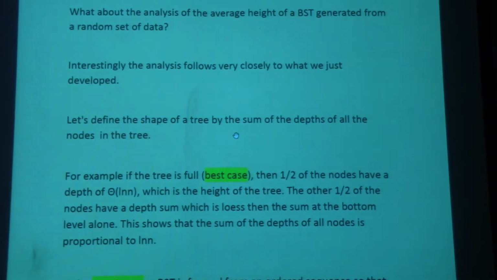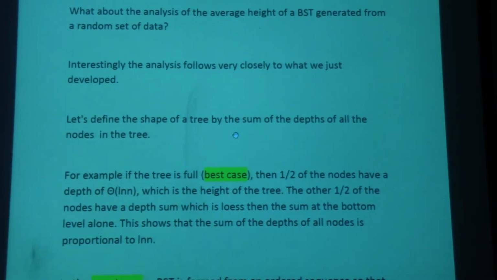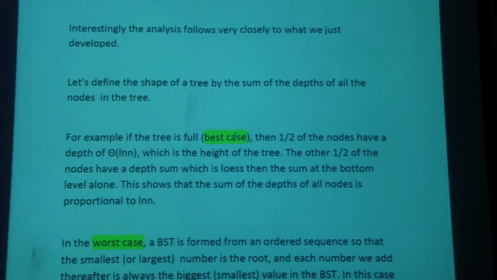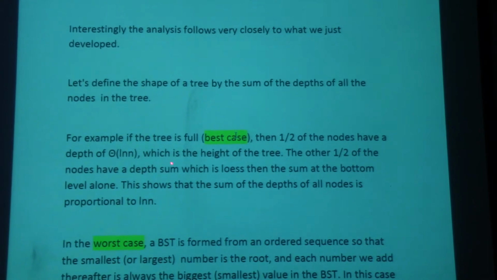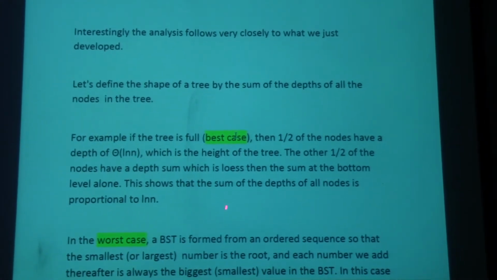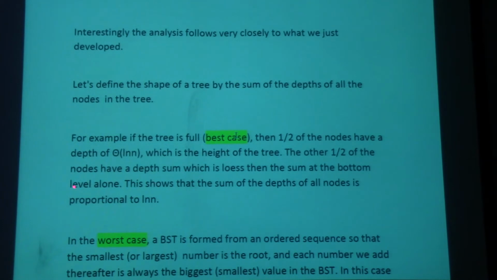That paragraph, proportional to log n, I thought it should be n log n. Oh, that's what it says. Maybe, could be possible. Yes, should be n log n. The sum of the depths of all nodes is proportional to n log n.